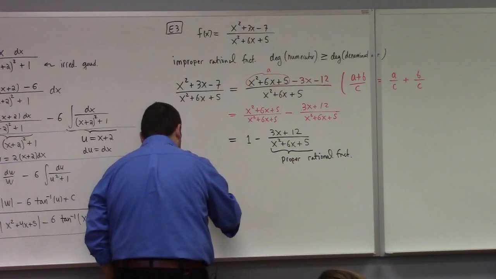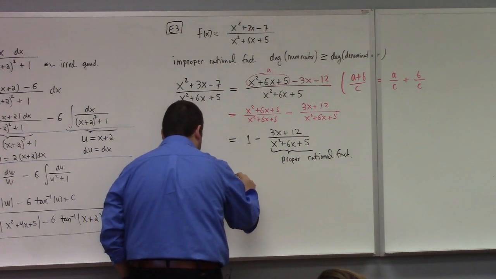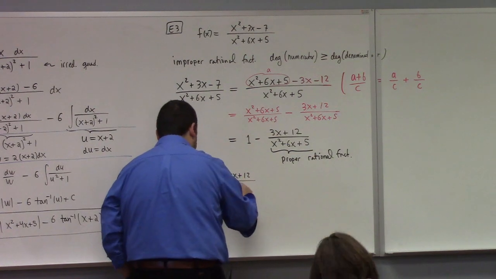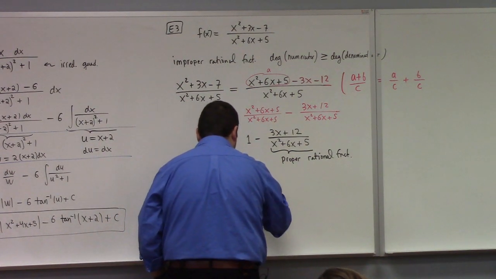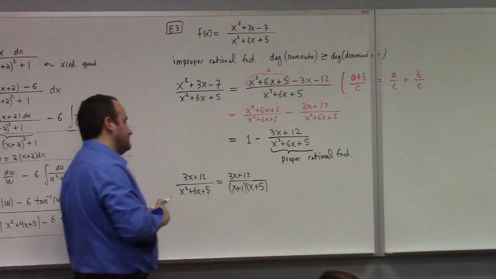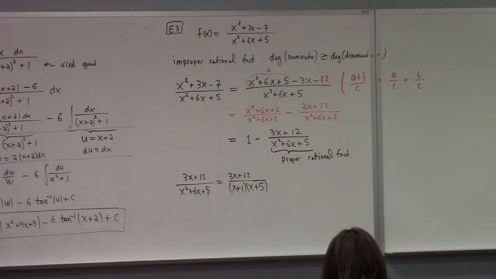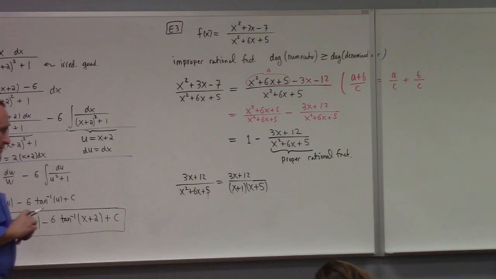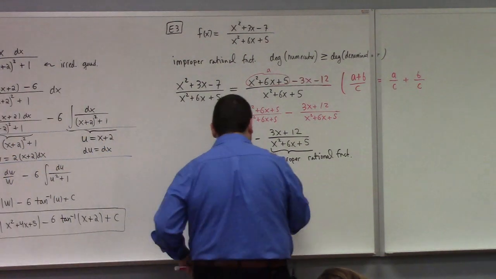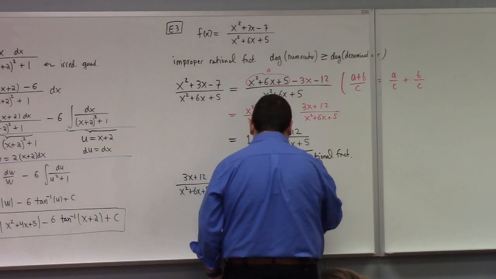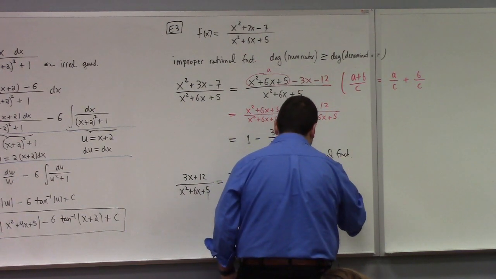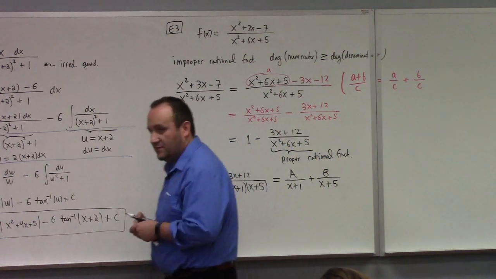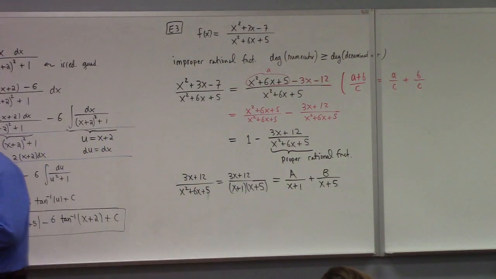So x squared plus 6x plus 5, which is 3x plus 12, divided by what? x plus 1 times x plus 5. Right? And so partial fractions says, hey, you know what? I can find a big A over x plus 1 plus a big B over x plus 5, which will achieve this decomposition. How do I find the A and the B?